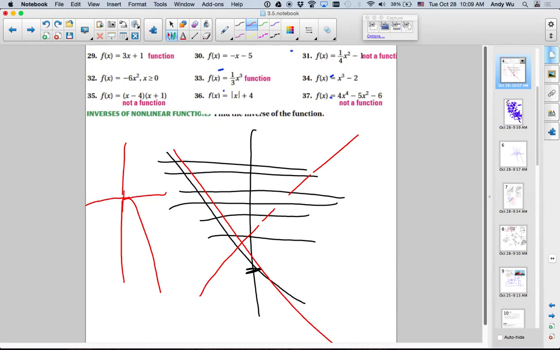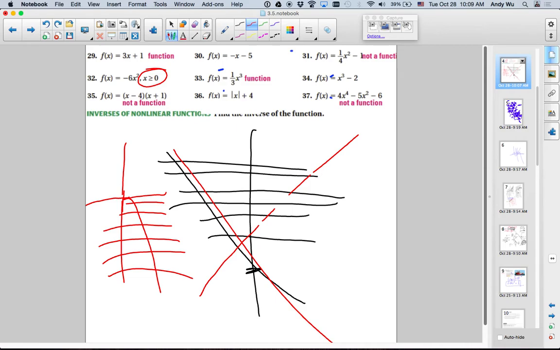Now that's what we see, and then we do the horizontal line test. Is the inverse a function? Yes. And this is why they introduced this, so that our inverse will still be a function.